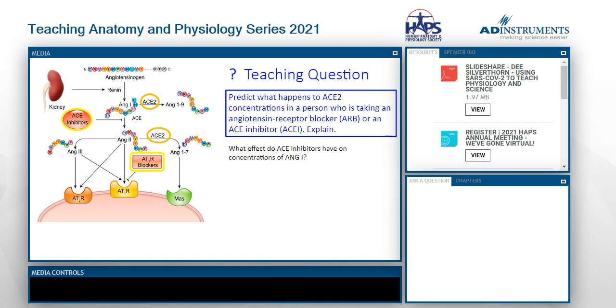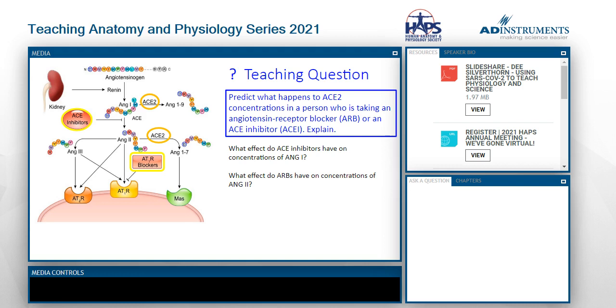So the first question would be, what effect do ACE inhibitors have on the concentration of angiotensin 1? Well, if you're blocking the conversion of 1 to 2 using an ACE inhibitor, then angiotensin 1 concentrations are going to go up. And similarly, what effect would ARBs have on the concentration of angiotensin 2?